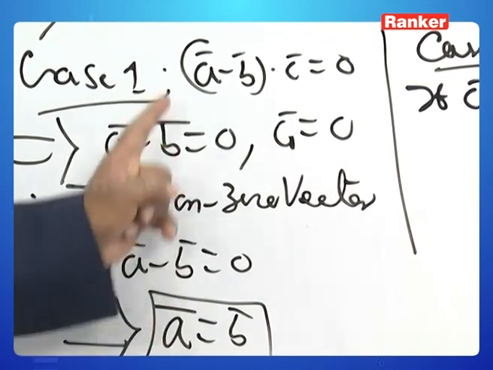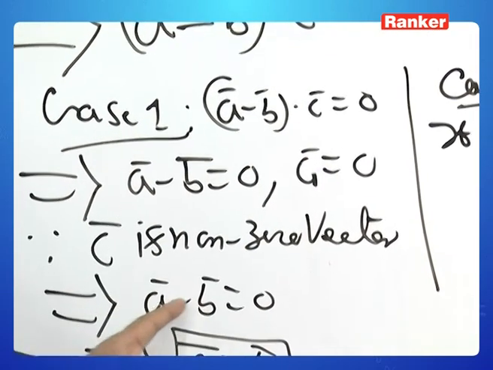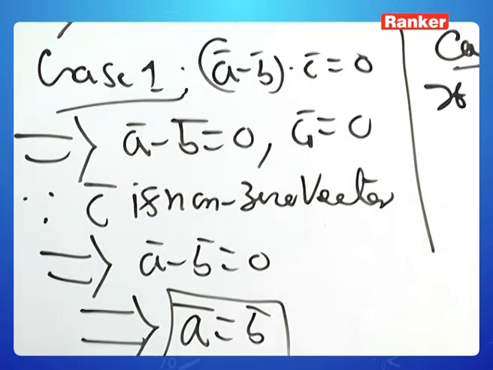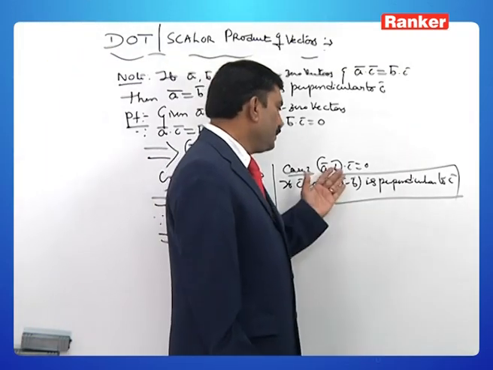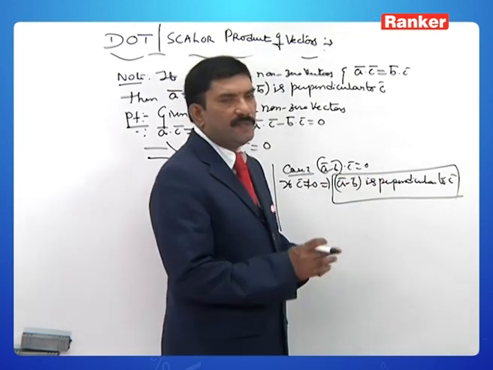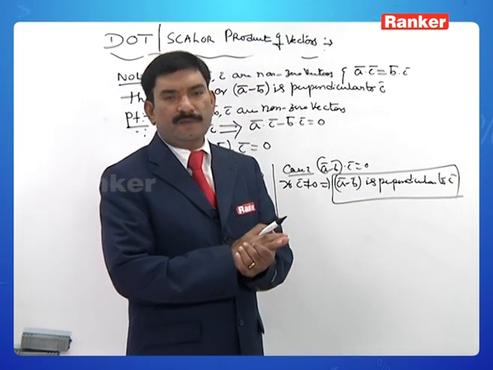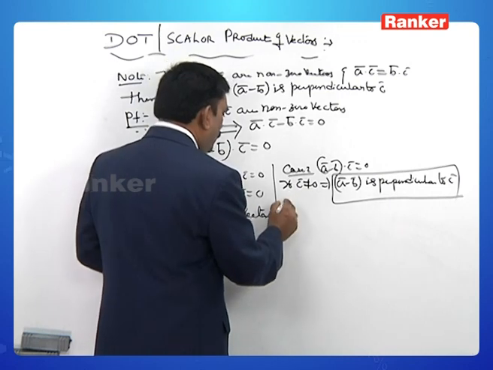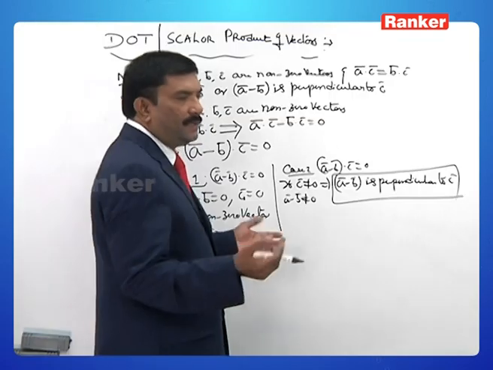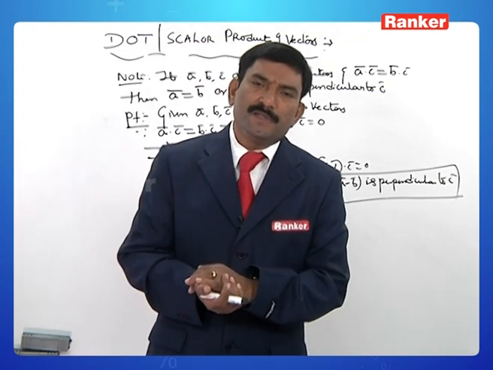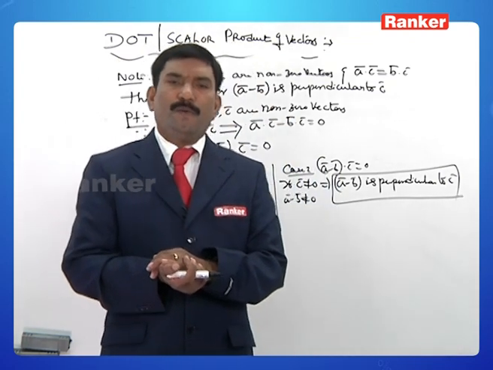So either A bar minus B bar is equal to 0, so A bar is equal to B bar, or if A bar minus B bar is not equal to 0, then A bar minus B bar is perpendicular to C bar. How?